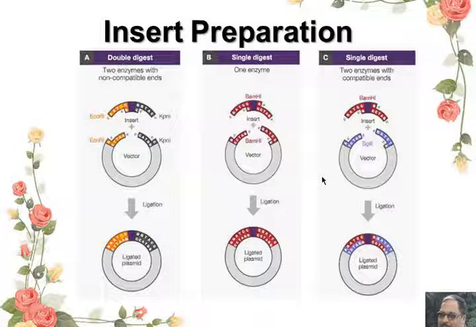Both generate GATC overhangs. I can see here GATC overhangs here, GATC overhangs here. So here two different enzymes are used, the vector is digested with one enzyme and the insert is digested with the other enzyme, but both are giving rise to the same complementary overhangs. So this technique is known as the single digest two enzyme technique.